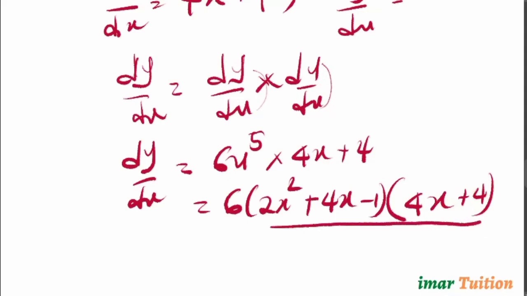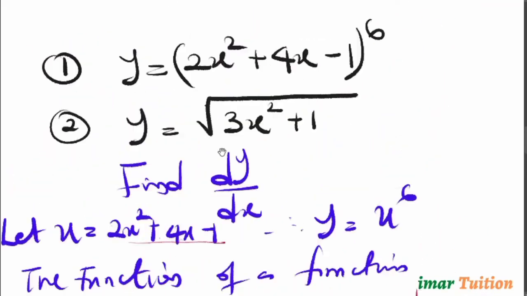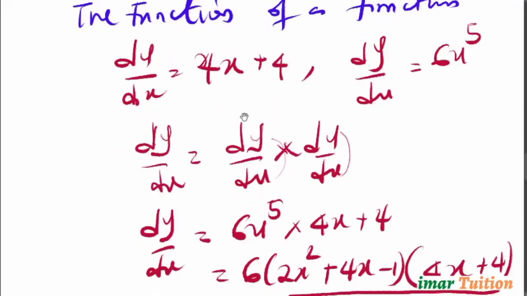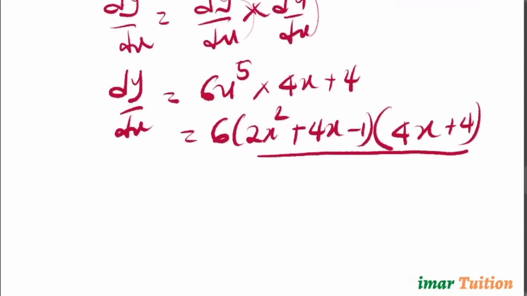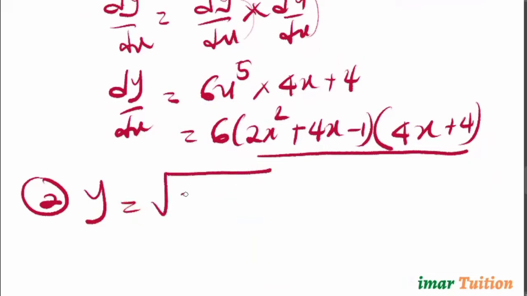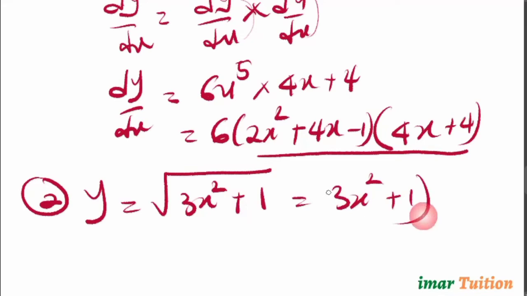For the second question, we're given the square root of 3x² + 1. We have to find the derivative of this function. You agree with me that this is equal to (3x² + 1) raised to power half.